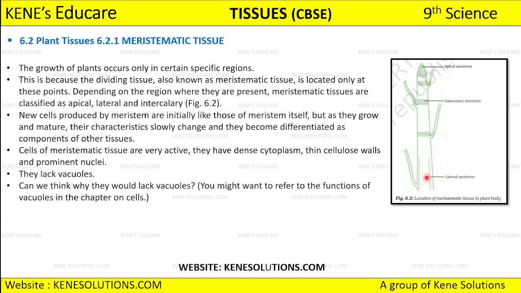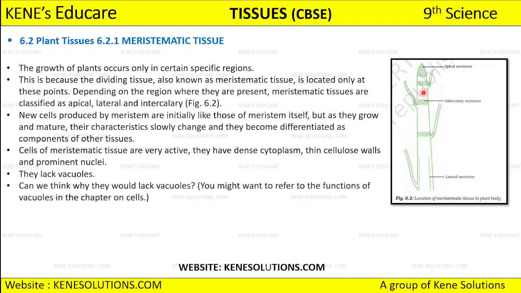Okay, and when we cut the onion root tip, the apical meristem is cut off. When you cut 1 centimeter of the root in jar 2, you have cut off its apical meristem. So now the apical meristem is the main dividing tissue in the root and the shoot which increases the length.